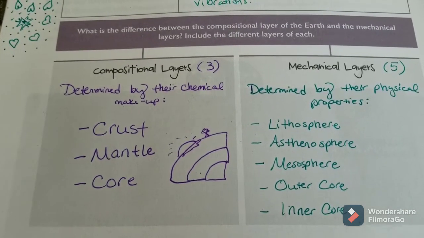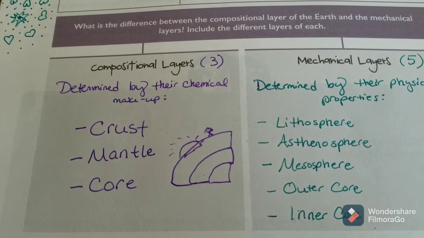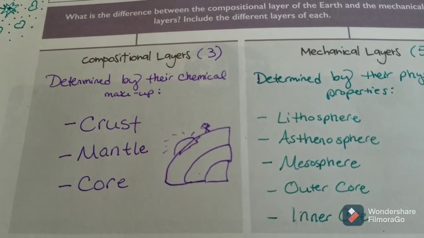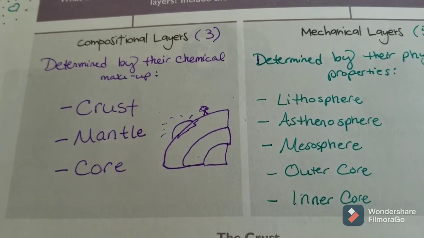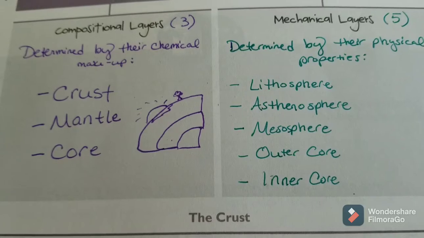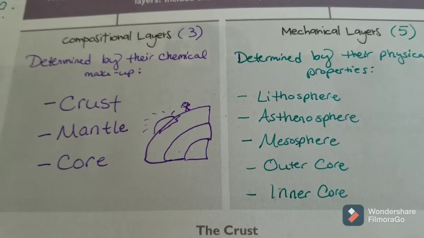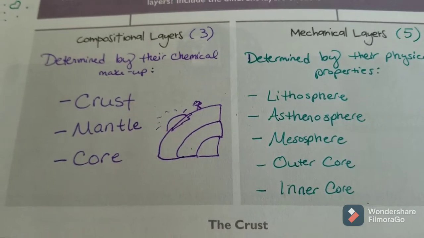All right. What is the difference between the compositional layer of the earth and the mechanical layers? Include the different layers of each. So compositional layers would be the crust, mantle, and core. And the mechanical layers are lithosphere, asthenosphere, mesosphere, outer core, inner core.